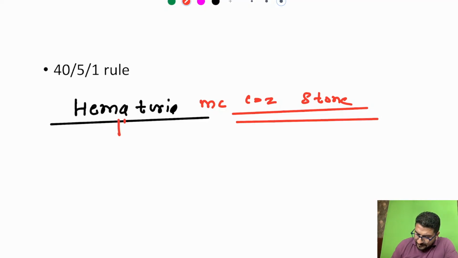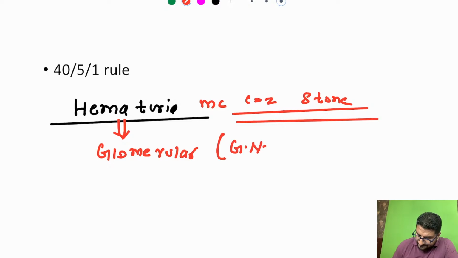So hematuria glomerular कब होगा? Hematuria is glomerular means it is due to glomerulonephritis. So you can remember this by a 40-5-1 rule. देखो they will give you a question like a patient is having hematuria.